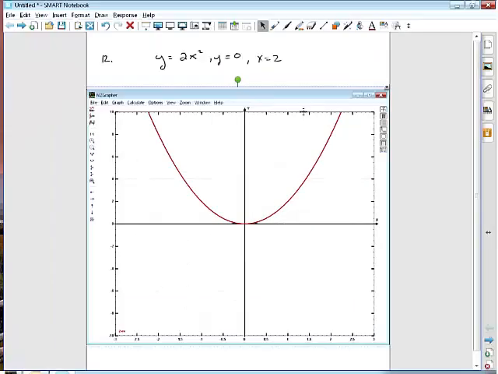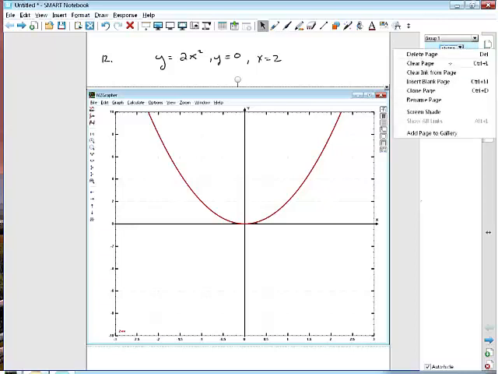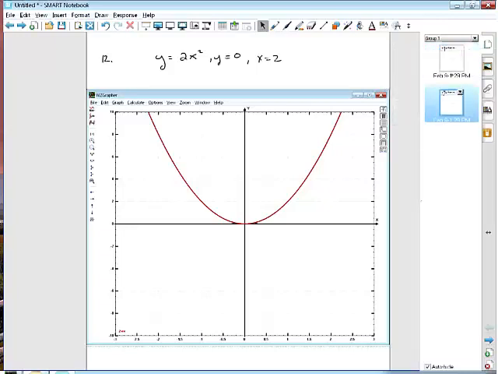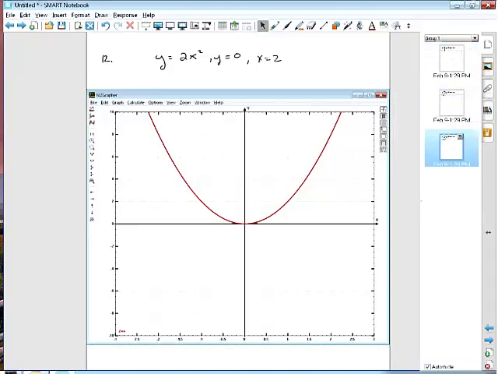What I'm going to do is set each one of these up first, and then we'll look at them individually. So I'm going to create 4 copies of this page. Let me just clone this page 4 times, and then we'll look at each one of the 4 cases separately.